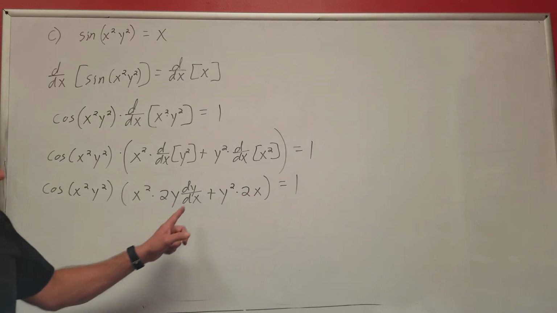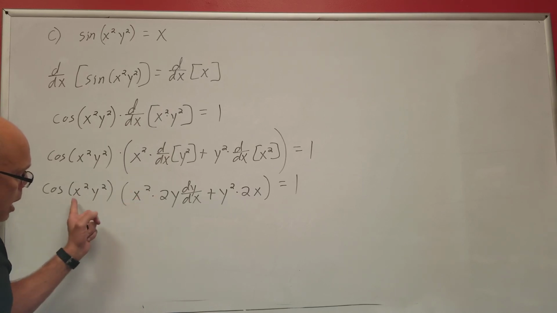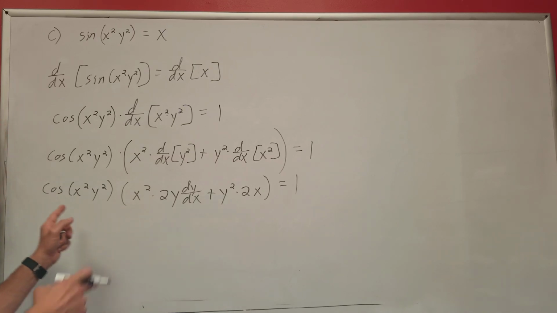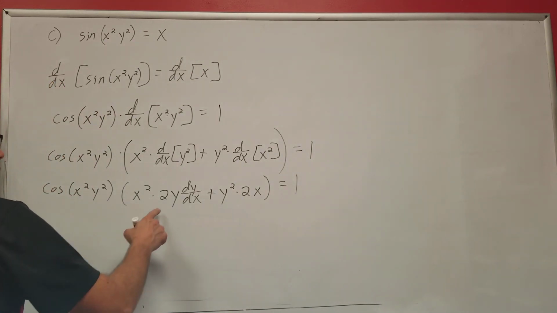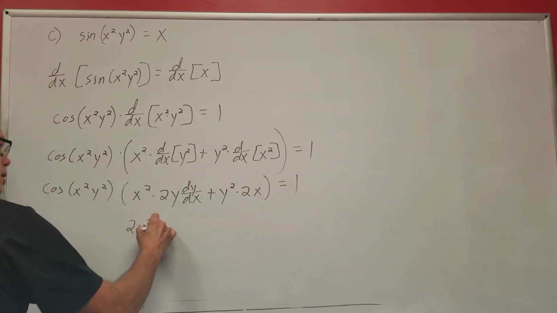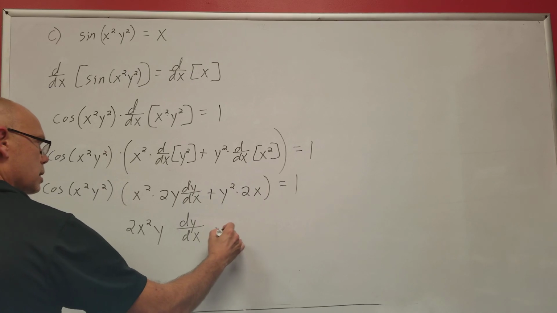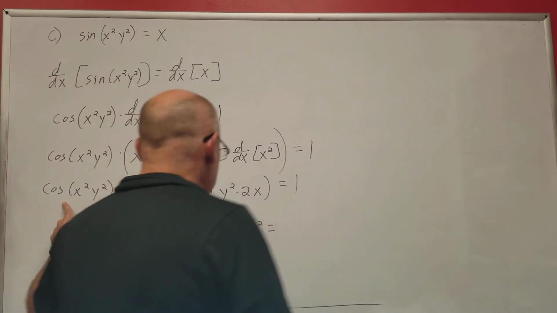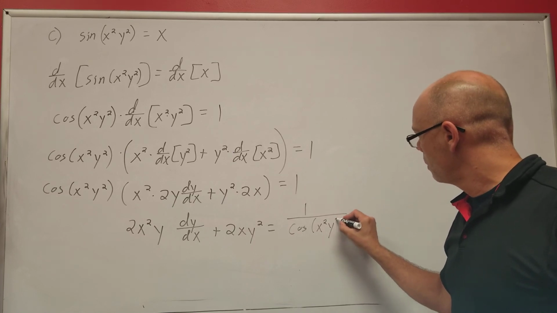All right, so what are the directions? Find dy over dx, right? So I'm going to need to solve for this part right here. Well, I could distribute in cosine in here, multiplying it through, but that'll give me more work to do. What if I go ahead and divide both sides by this cosine of x squared y squared? Then what am I going to get here? I'm going to get 2x squared y times dy over dx plus 2xy squared is equal to, and if we divide both sides by the cosine here, we're going to have 1 over cosine of x squared y squared.